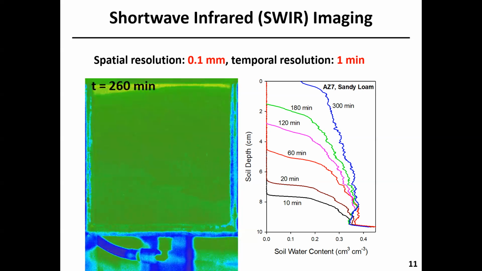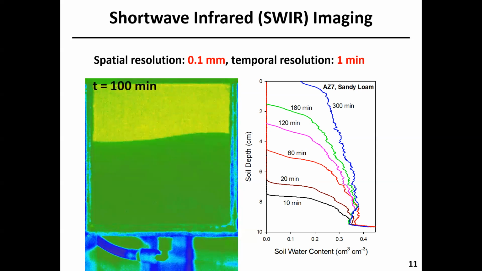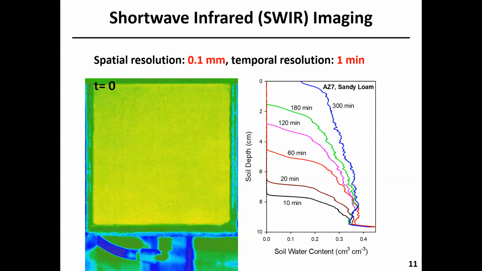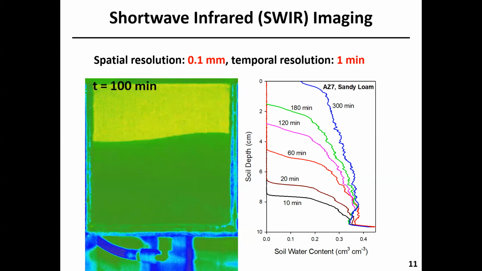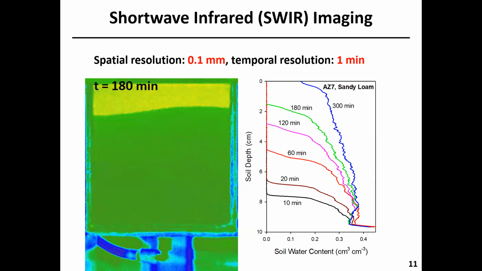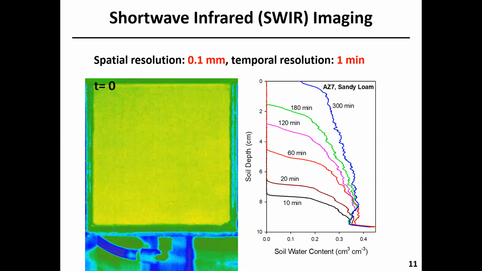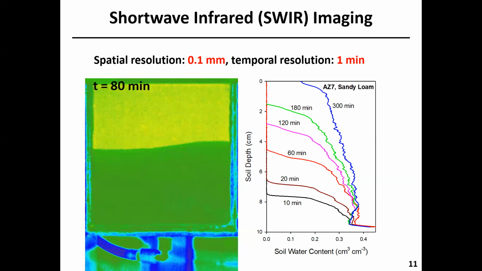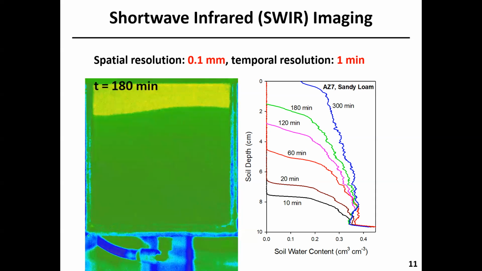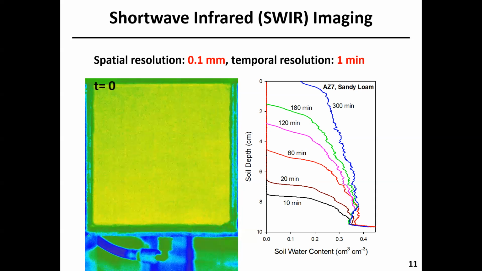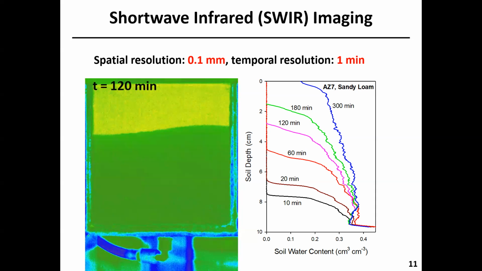So in the right plot, you see soil moisture profiles at different times coming out of this methodology based on soil camera imaging and also the linear scaling.